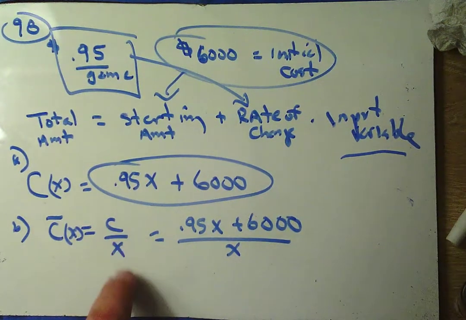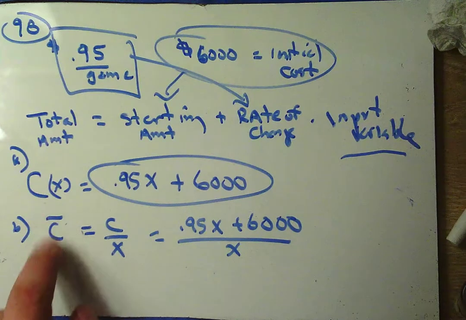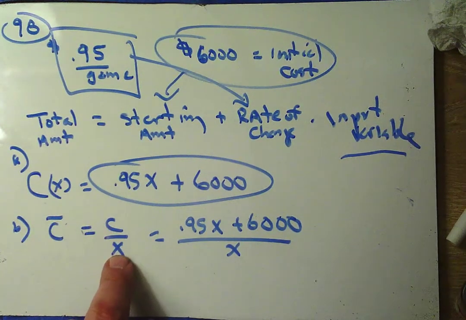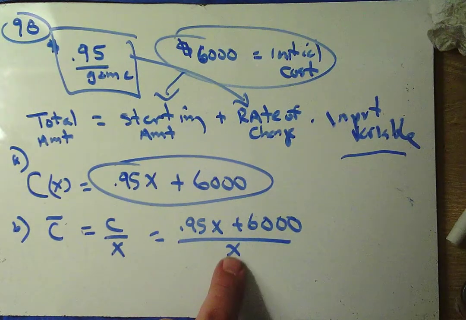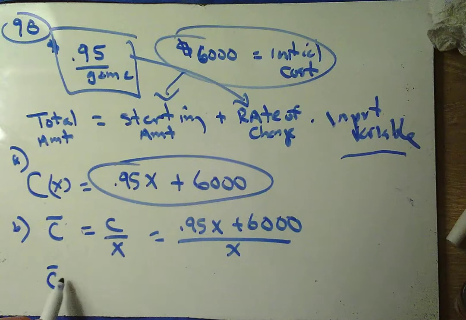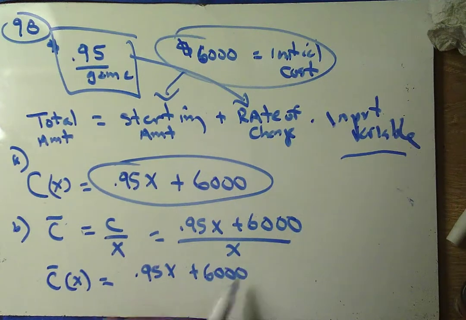I need to get average cost, that's what C bar means. C bar means cost divided by how many games you sell. Here's our total cost divided by the number of games. So C bar as a function of X equals 0.95x plus 6,000 all over X.